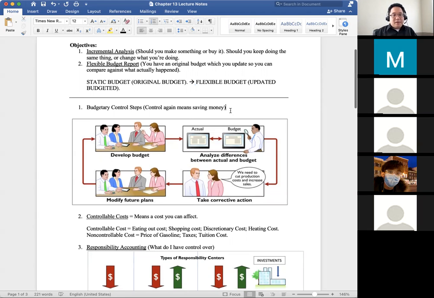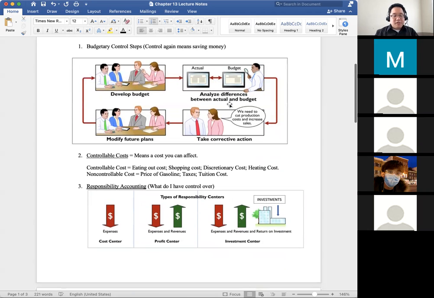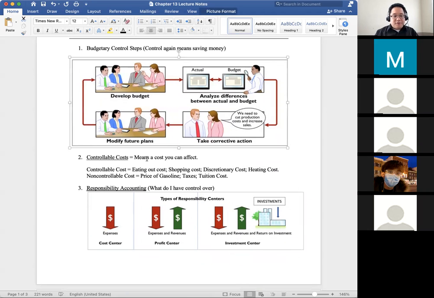So a couple of things that you need to know for this budgetary control process are some terminology. First of all, when we have a cost, costs either can be controllable or non-controllable. Okay, so a controllable cost is something that you can affect or something that you can influence.